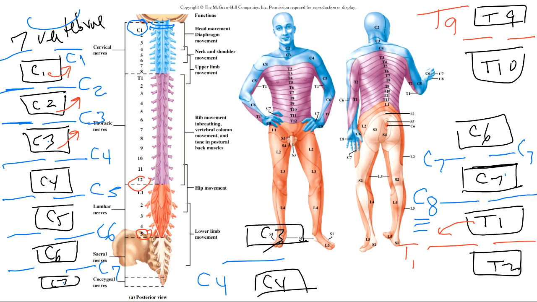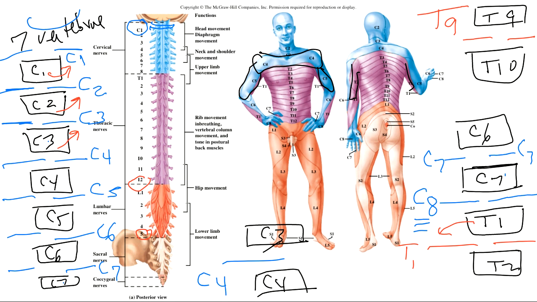Also, we have mapped where these spinal nerves go to, what regions of the body they serve. These regions are called dermatomes. So you can see here the region for C4 right there, and for C5 right here. This is anterior versus posterior over here. And this mapping helps if there is nerve damage.